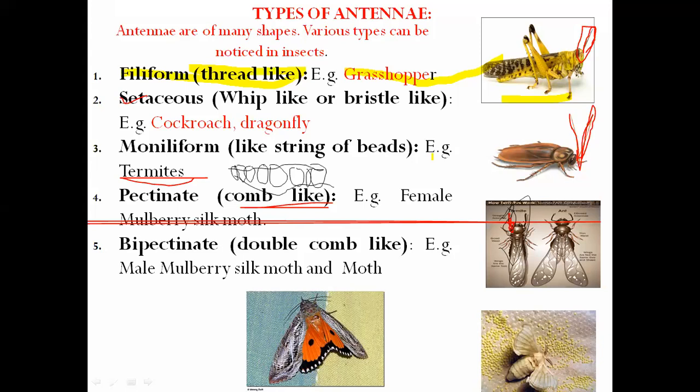This is one type of antenna, called unipectinate.